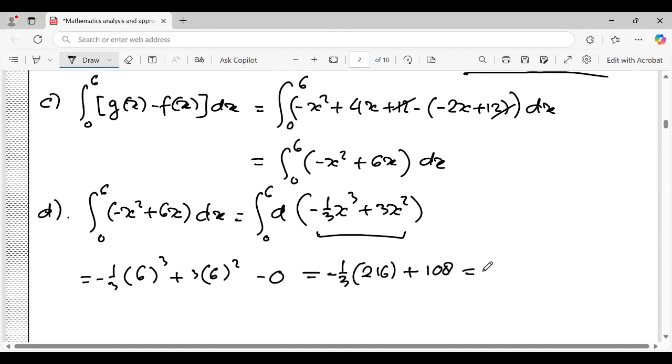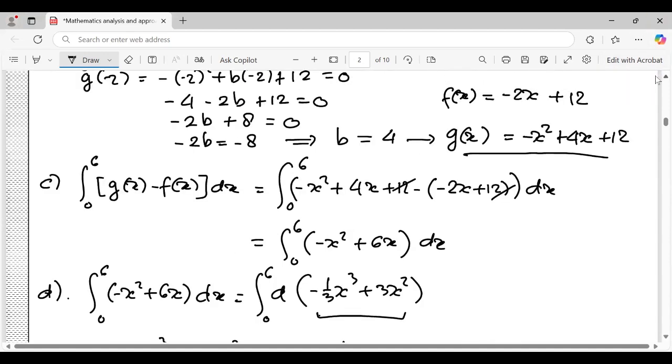And if you calculate, this is minus 72 plus 108, and the result is 36. So the area is 36. Next question.